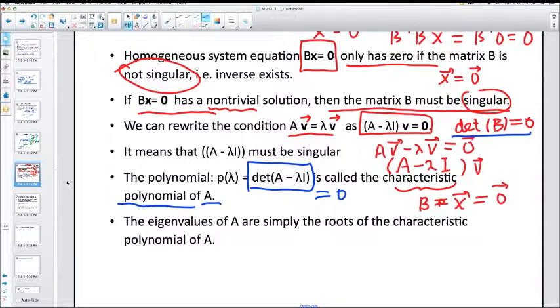If you let this polynomial equal 0, you get an equation. We call it the characteristic equation. And the roots of the characteristic equation are exactly what we talked about. The eigenvalues are the roots of this determinant.